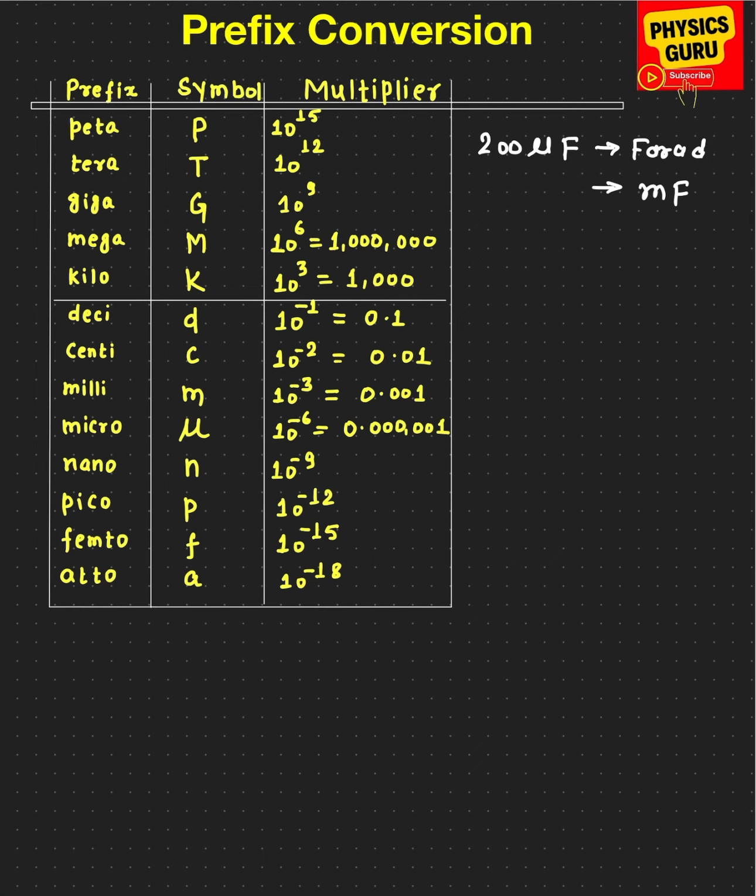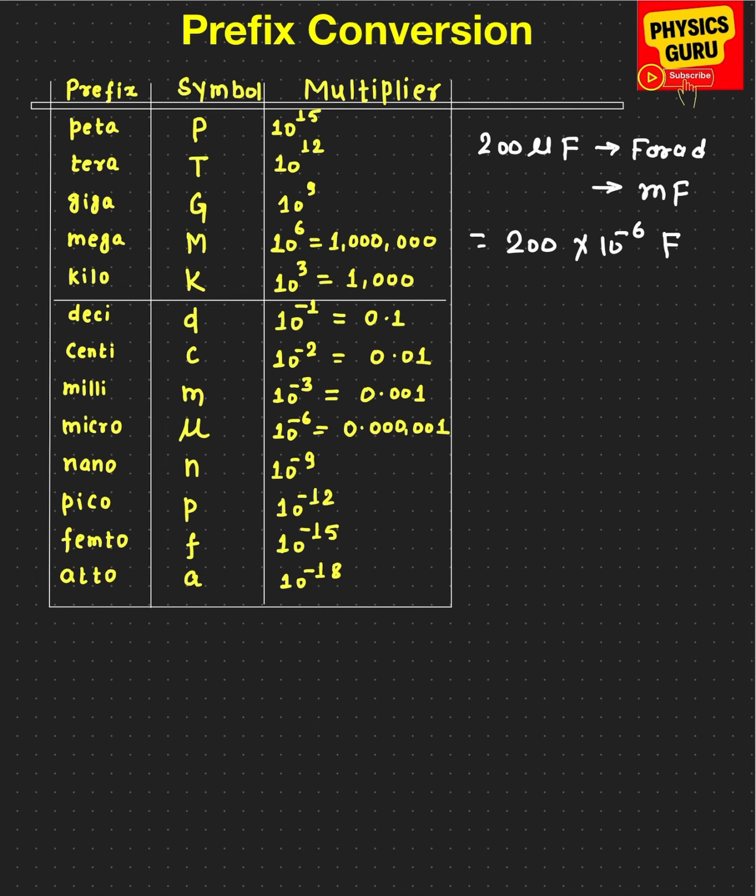The first thing you want to know is what this prefix stands for. The micro means 10 to the negative 6. So let's start. Here 200, and again the micro means 10 to the negative 6. So I'm simply writing 10 to the negative 6 farad.